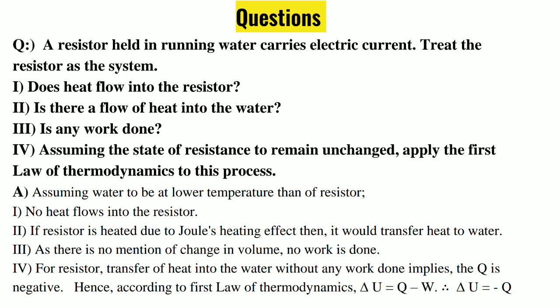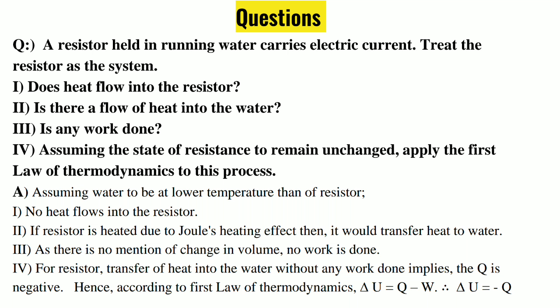No change in volume means no work is done. Transfer of heat from the resistor into the water without any work done implies that Q is negative, meaning whatever heat is supplied is negative.